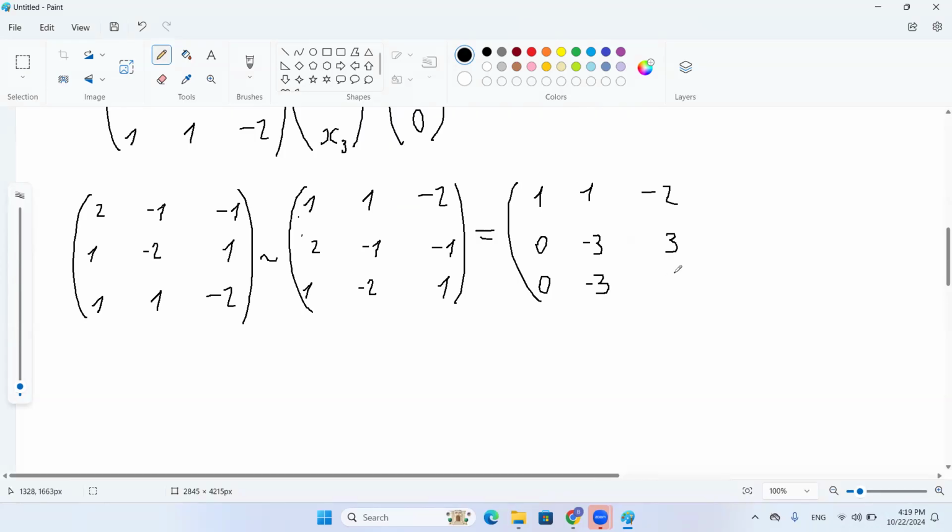Stop, just a moment. So 0 and minus 3, and here, yeah, 3, correct, multiplied by minus 1.